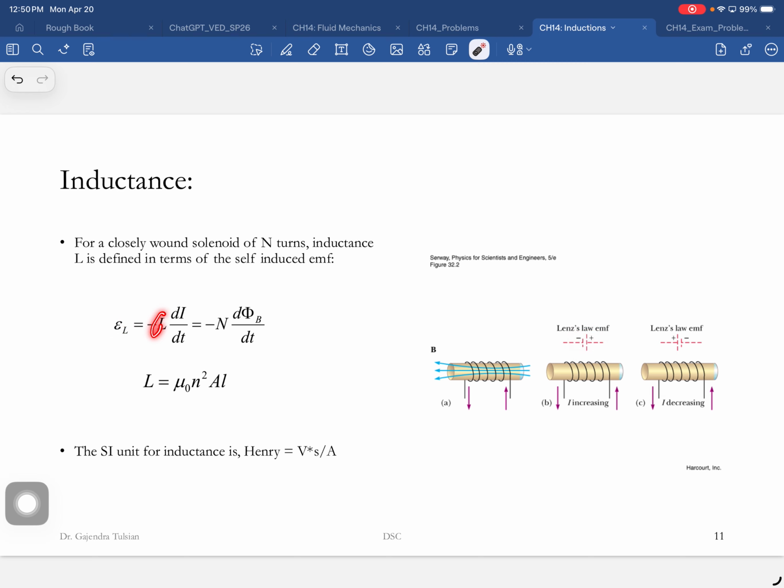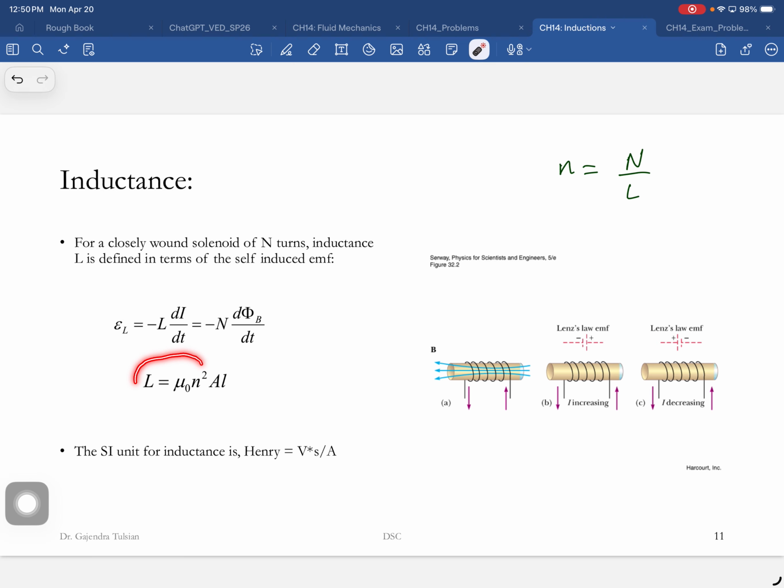It's proportional to the time rate of change of current, and for a closely wound solenoid of n turns, the self-inductance is mu naught n squared times the area of cross-section times the length of the solenoid. So this is the volume of the solenoid. And little n is the number of turns per unit length.